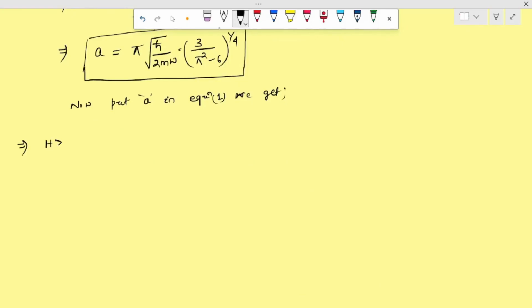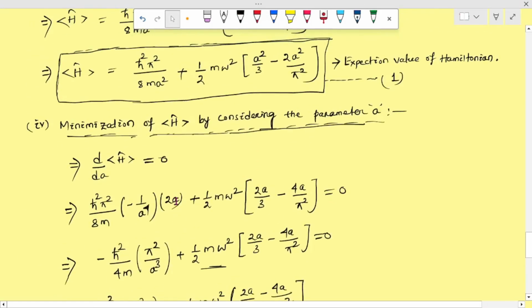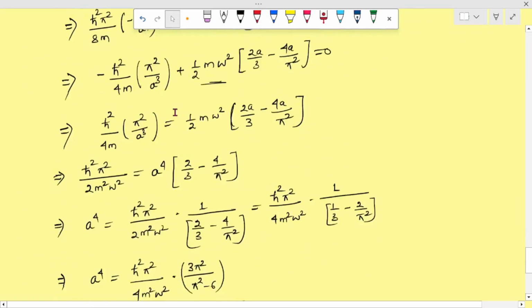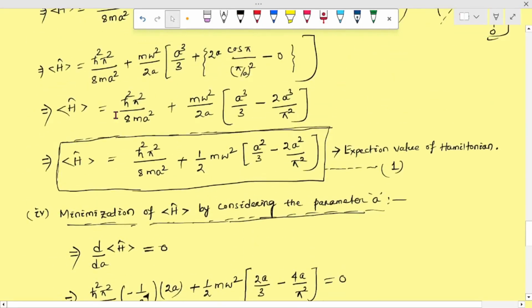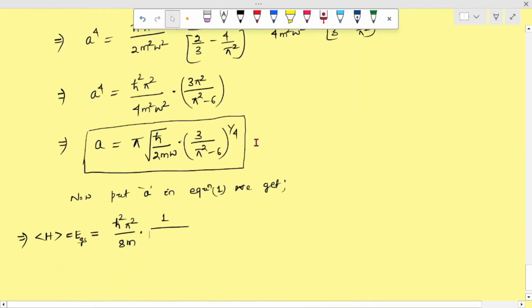That implies the expectation value of the Hamiltonian, or you can write the ground state eigenvalue E_GS, will be equal to ħ² π² by 8m into 1 by a². Here you can see it is 1 by a². So instead of a, what we have to put? This value.